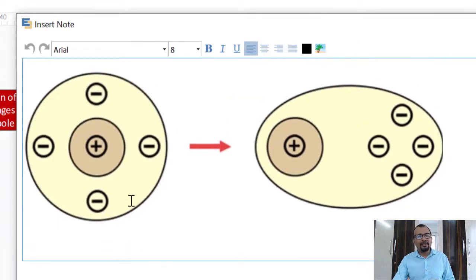Now this is the symmetric distribution of electrons across the nucleus, and hence there is no pole development, right? But the moment there comes a time when the electron cloud is shifted a little towards any direction.